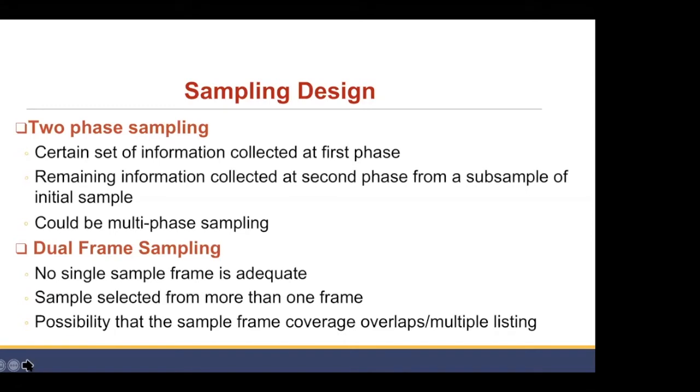Again, another one is the dual frame sampling. This is used when there are coverage issues with one sample frame. In this situation, we use multiple frames so that we can reach all the sampling.